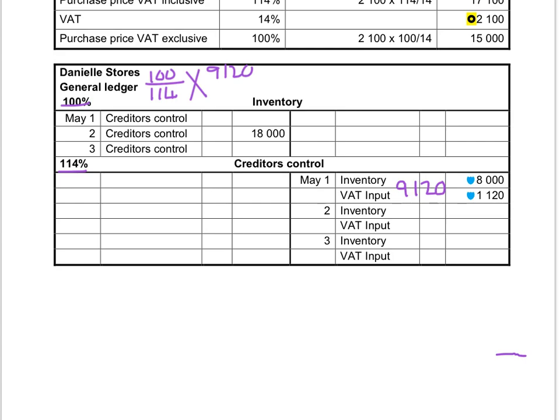In the second example, they gave us the inventory excluding the VAT, so they gave us the 18,000, that's equal to 100%. If we want to see what is the total amount that we owe the creditors, then the percentage that we want, 114, divided by the one that's given to us, 100 times 18,000 rand, will give me the figure of the amount that I owe the creditors.